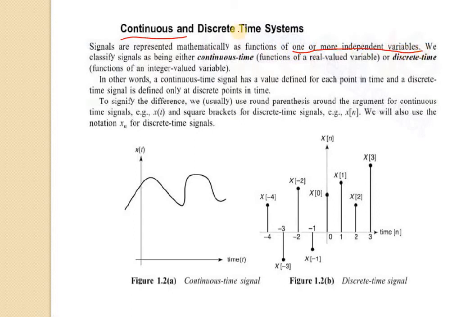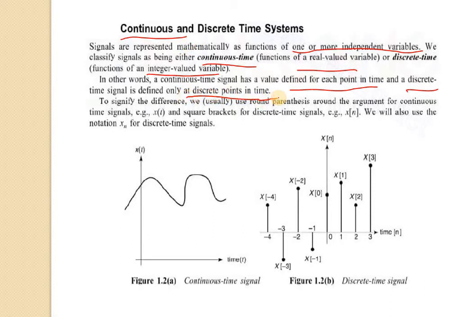We classify signals as being either continuous time, function of a real valued variable, or discrete time, function of integer valued variables. In other words, a continuous time signal has a value defined for each point in time, and a discrete signal is defined only at discrete points of time.